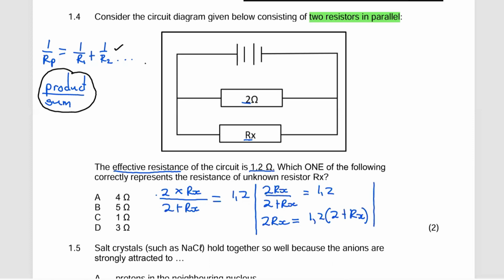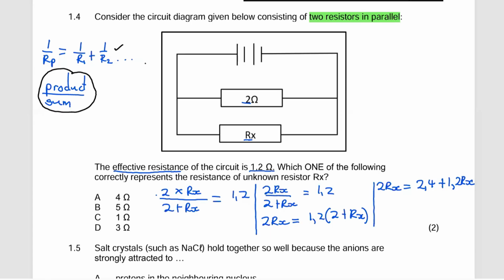So if we expand our bracket, we're going to have 2Rx is equivalent to, if we multiply 1,2 by 2, we're going to get a value of 2,4, then plus on the other end 1,2 Rx. Okay, so now in this case we're having 2,4 as well as 1,2.